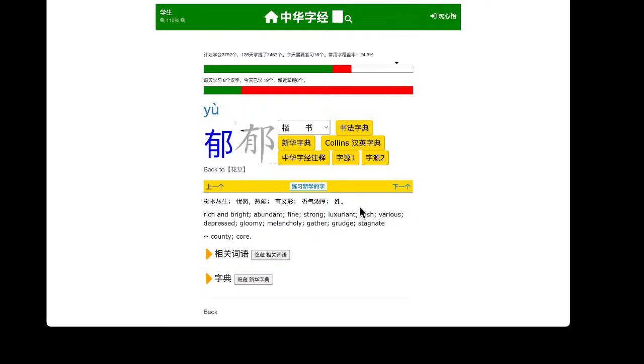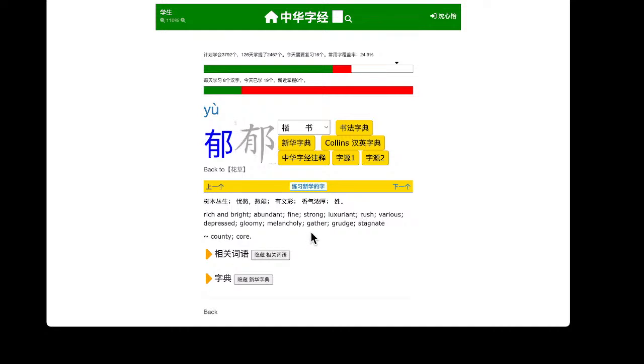So basically it means fine, strong, abundant, many of them, very rich, dense, luxuriant. That kind of thing. It's for plantation, for 植被, anything that grows on the ground.